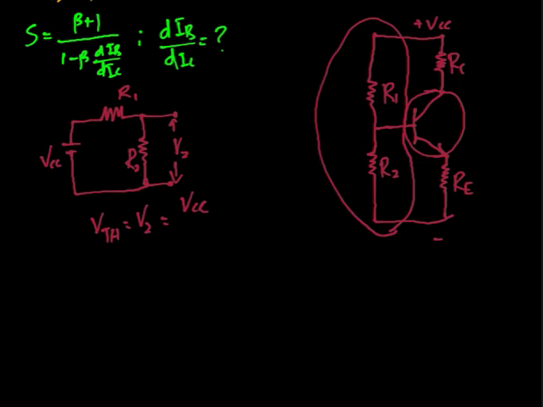So we are going to replace this circuit by its Thevenin equivalent. For that we have to find the Thevenin voltage, that is VTH. The Thevenin voltage is actually nothing but V2, which is equal to VCC divided by (R1 plus R2) into R2, which we call E0.